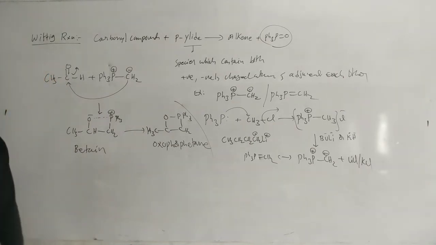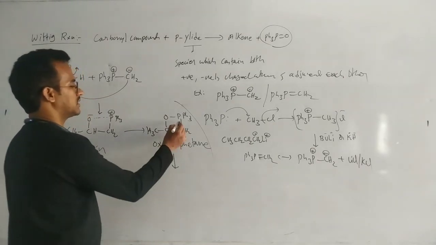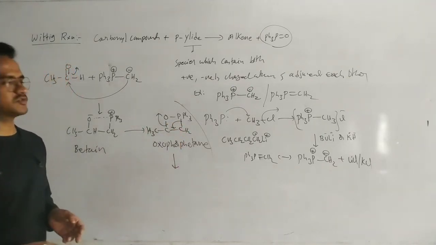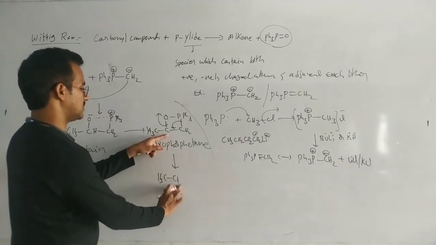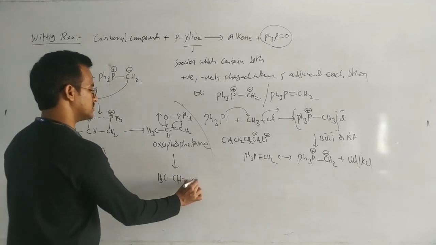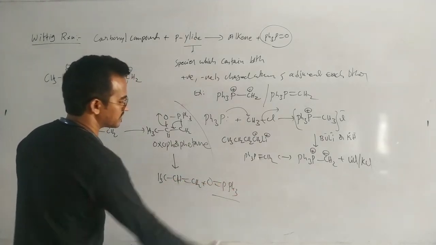The cyclic product is formed. Now this cyclic product is rearranged, with the loss of O minus and this one H. The breaking of this one takes place. So here the CH3 C, there is a hydrogen, CH double bond CH2 plus double bond O P PH3.